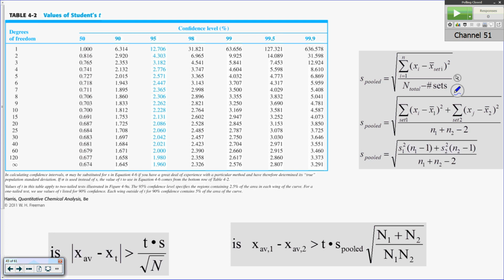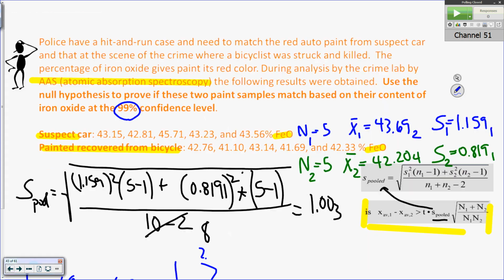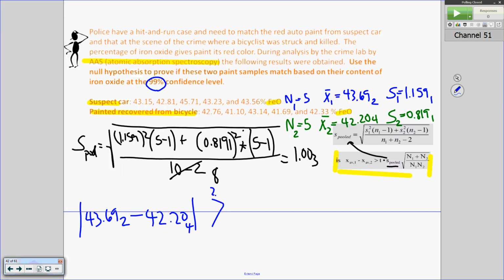So I'm going to go over to 8, and I've got to find 99. So 3.355. So now I'm going to go back and substitute into that. So my t-value is 3.355.